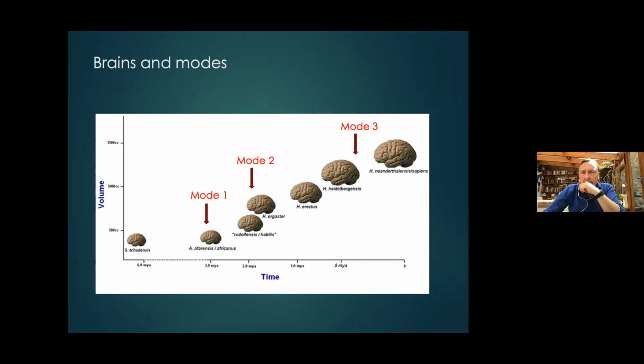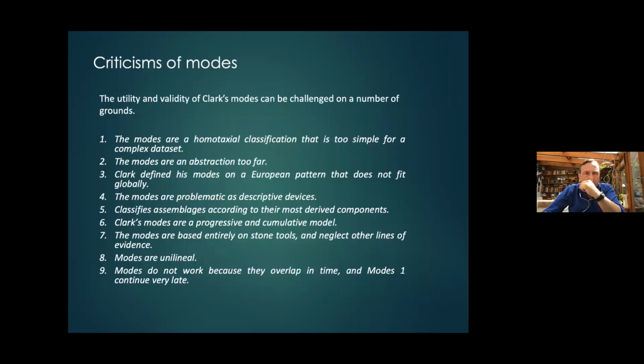But as most people agree, modes are a very crude way, and I don't think I can go through all of these, but Graham Clark's modes have been subject to a whole range of criticisms as to why they're not necessarily going to reflect enough information. A lot of this boils down to the fact that they are too simple.